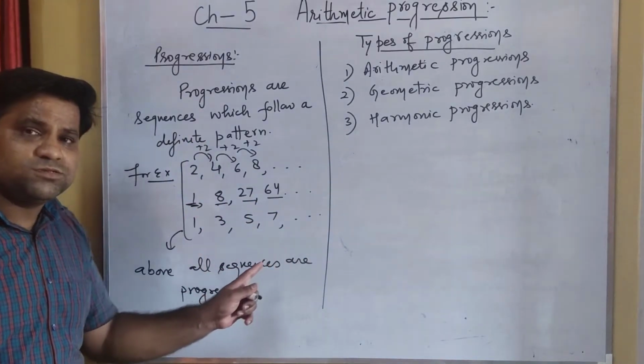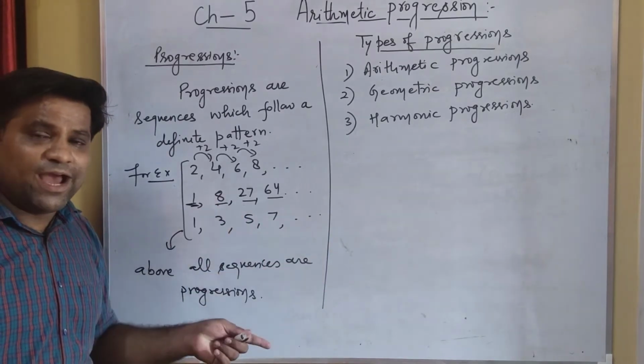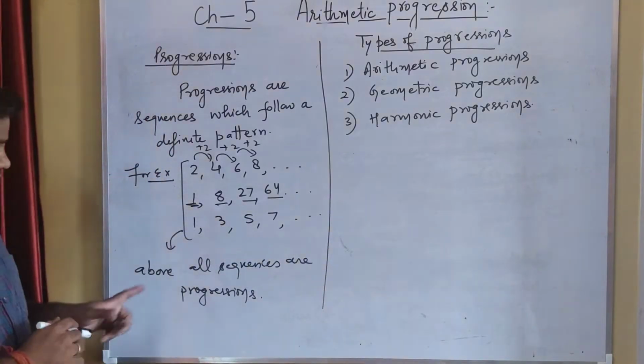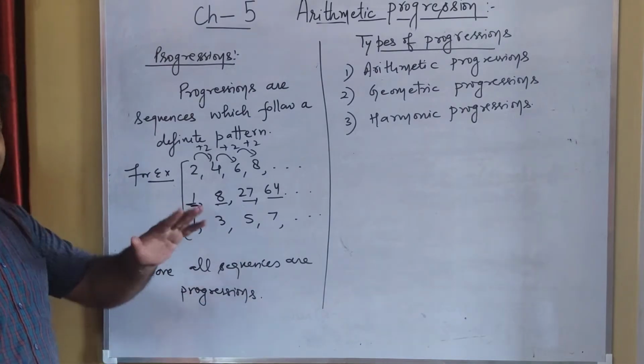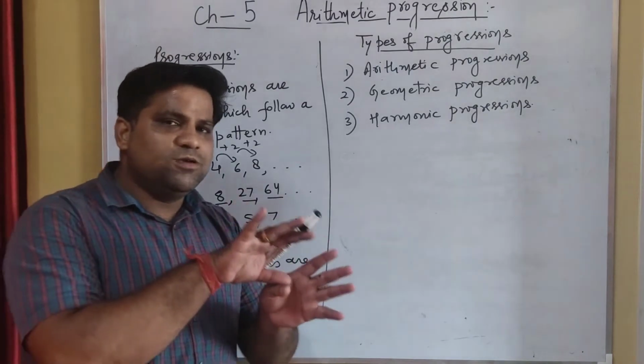So these follow some patterns, so that's why these sequences are called progressions. So all the above sequences are progressions. At the time we talk about sequences, we will also talk about progressions.